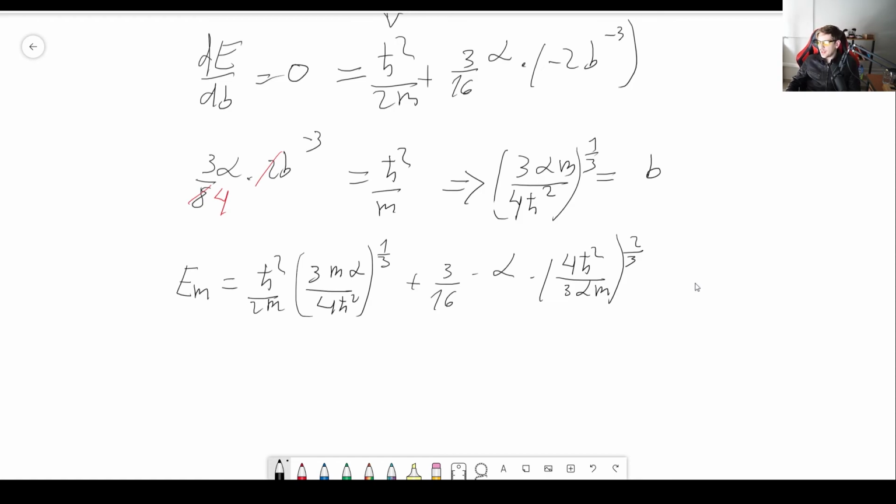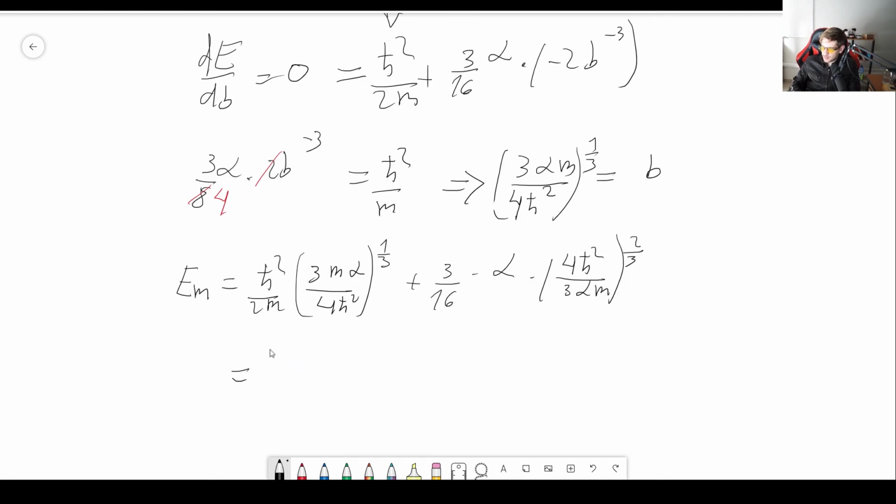Okay, now what else? So just as before, let's multiply through and see what powers we have. So here we have h bar squared and h bar to the 1/3. So this would be h bar to the 2 minus 2/3, which is 6/3 minus 2/3.